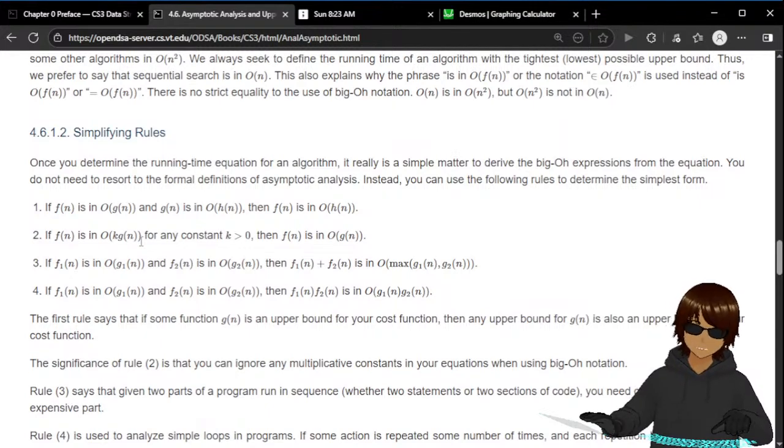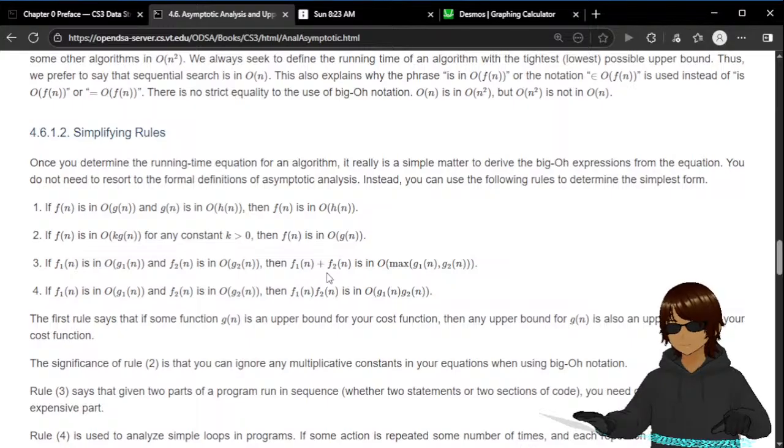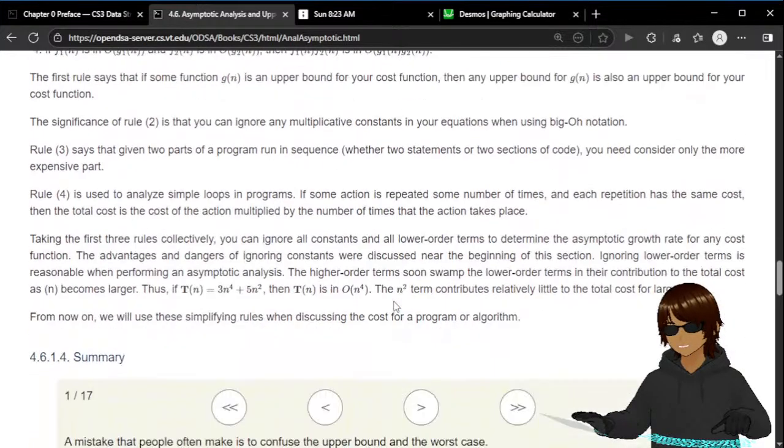If F1 is an O(G1) and F2 is an O(G2), then the sum of them is an O(max(G1, G2)). And multiplying them, we multiply the O notation.